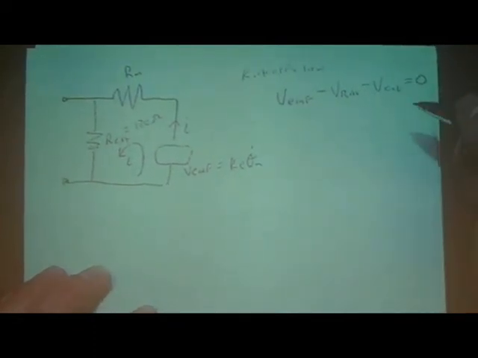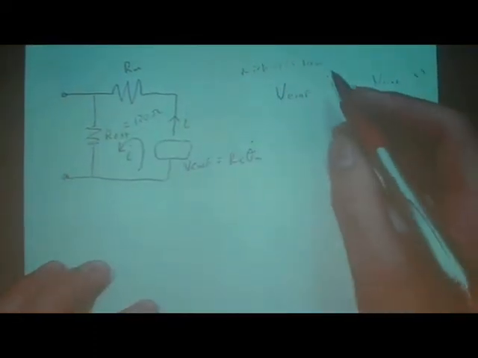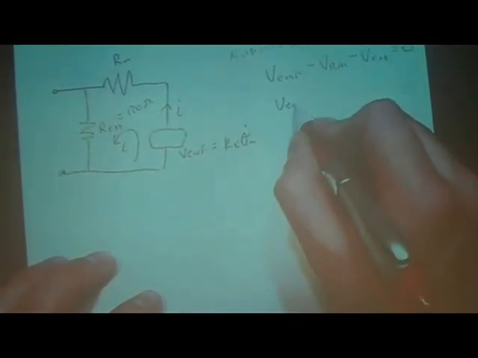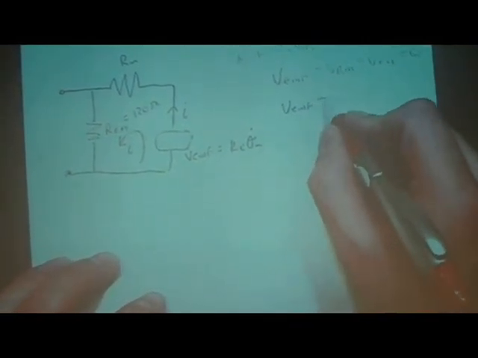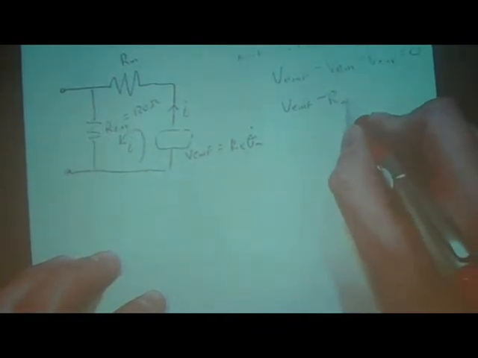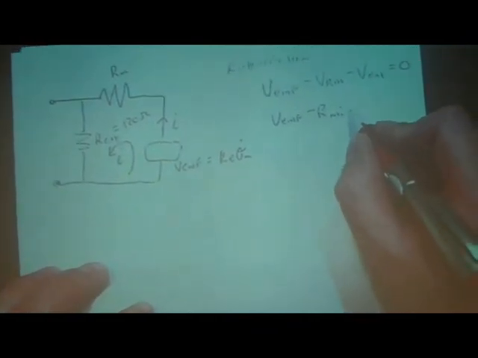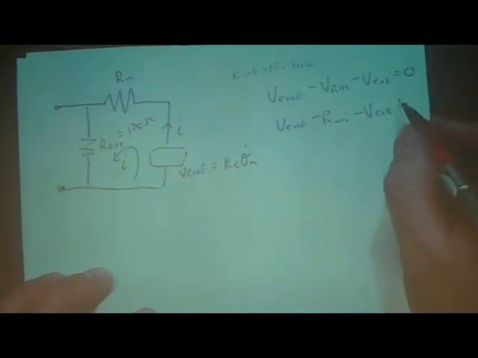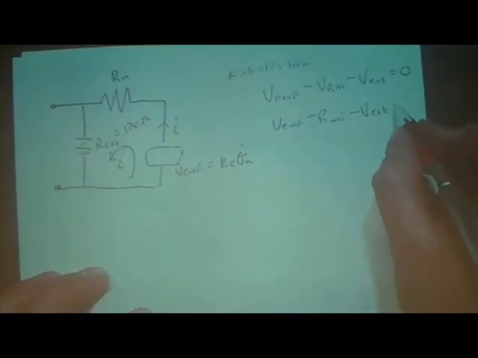There's Kirchhoff's law, just for this circuit. Then VEMF minus RM I minus VEXT equals 0.